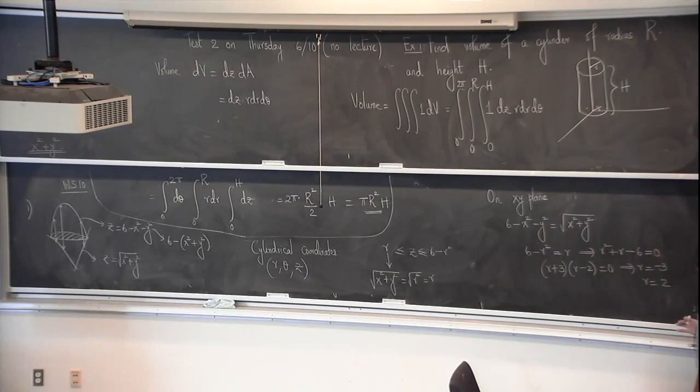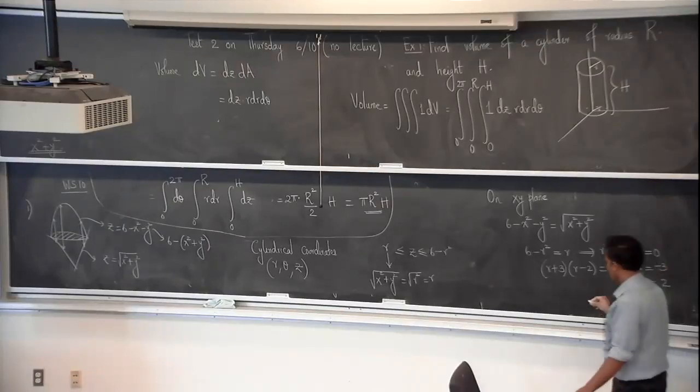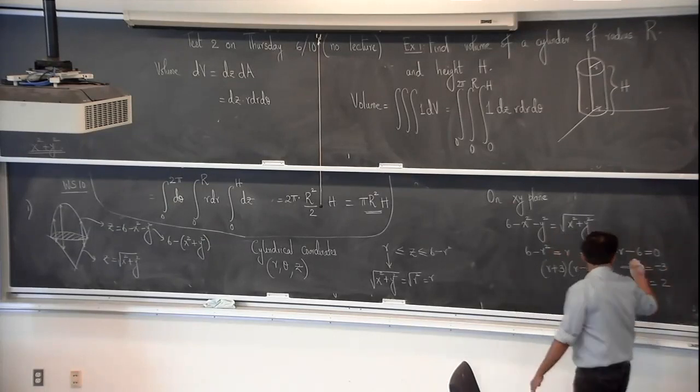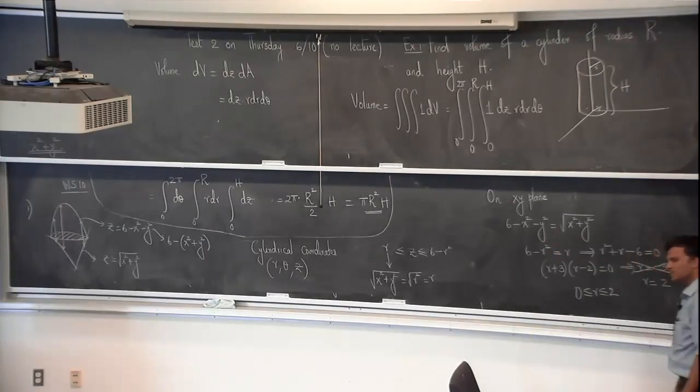The question is, are my limits going from negative 3 to 2 or 0 to 2? What did I say about the radius? It should be positive, right? So what will be the limits for r in this case? 0 to 2. In other words, you discard the negative answer because radius cannot be negative.